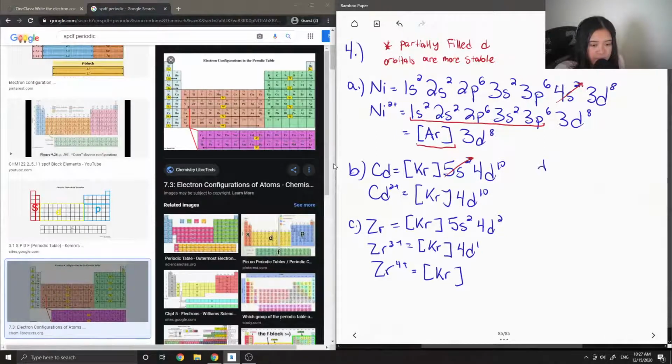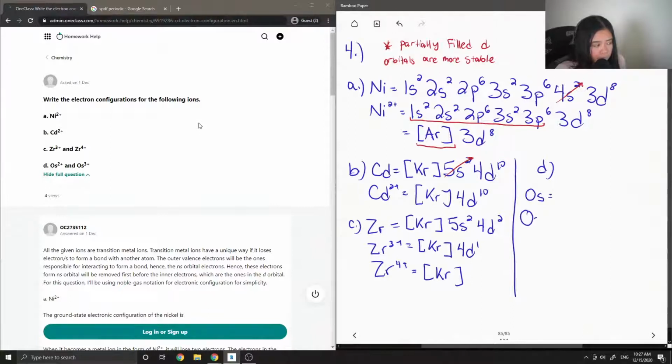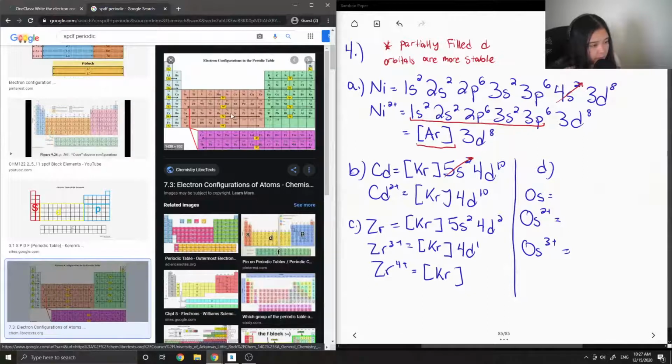Okay, so now let's do the last question, which is part D. We have osmium 2+ and osmium 3+. So for a neutral osmium atom, it is found here at atomic number 76. So the noble gas that comes before it is xenon.